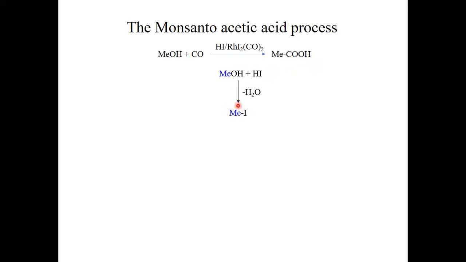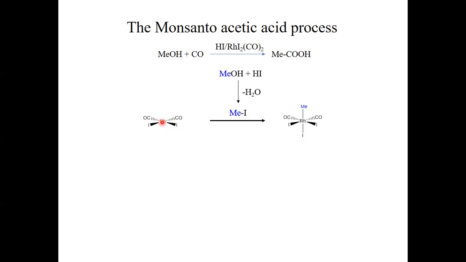Of course, that's an equilibrium reaction here. Now this methyl iodide, which is in the chemical equilibrium, can now react with the rhodium catalyst, which you see here. So this is a square planar catalyst with rhodium in the oxidation state plus 1.